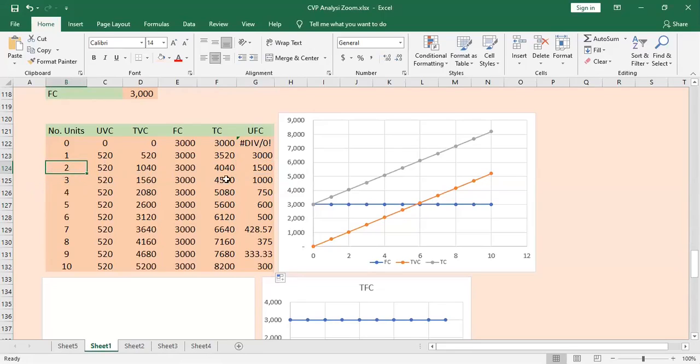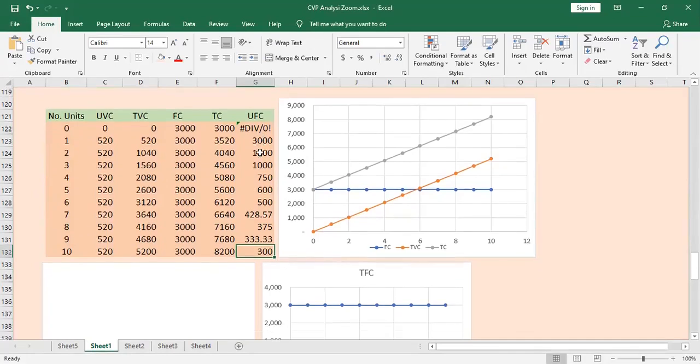So for 1 unit, it is 1500. When you are producing 10, 3000 divided by 10, then you are getting 300 rupees. So when you are manufacturing more and more products, your unit fixed cost is in a decreasing trend.